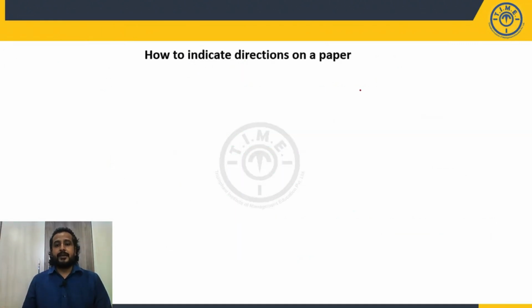How to indicate directions on paper? With respect to one point on a paper, the right hand side will be towards east, and upwards is towards north.